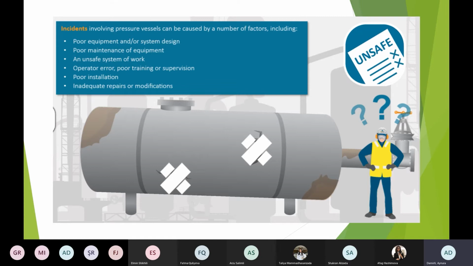For example, wall thickness: we have the outer diameter of the equipment and the inner diameter, and the outer diameter minus the inner diameter gives us wall thickness. And wall thickness is our main focus area.